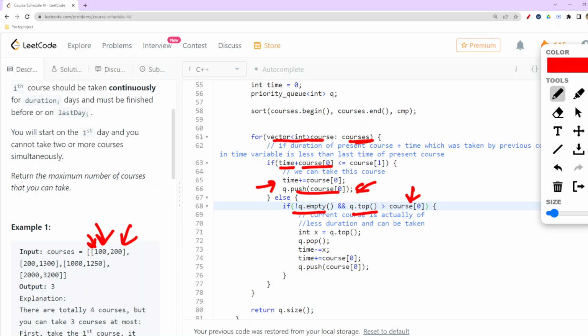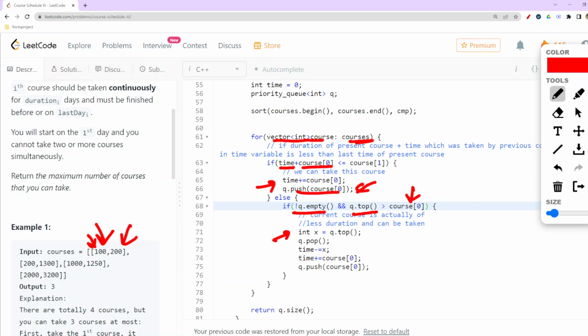And then the duration is less, so it becomes more realistic that we can take many more courses. That was the point I was trying to explain at that particular time, but I'm unable to get a test case for the same, because if I had one, it would have been easy to explain.